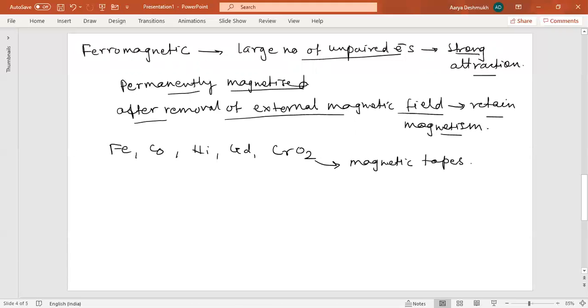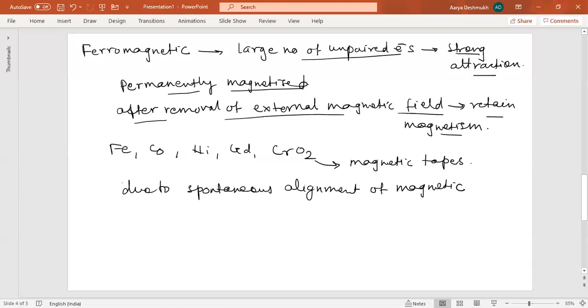Now, why is there an existence or appearance of ferromagnetism? It arises due to the spontaneous alignment of magnetic moments. I just told you what is magnetic moment.